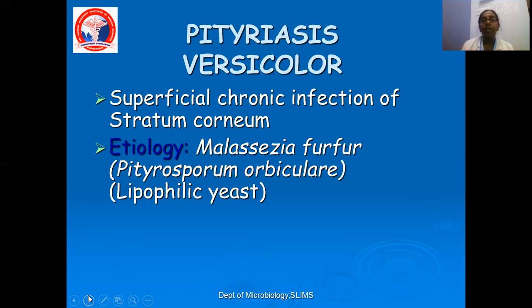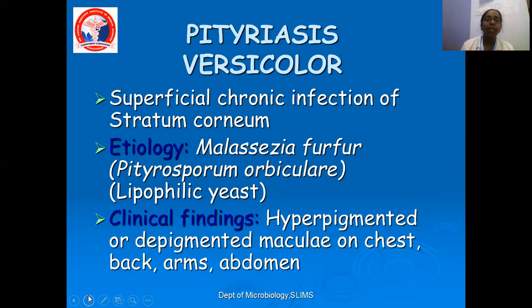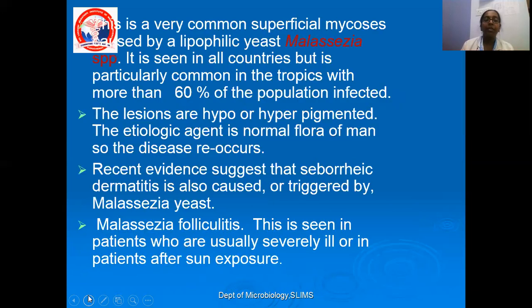The keratinophilic layers are infected by dermatophytes, whereas infections limited to the stratum corneum are caused by other organisms, which include pityriasis versicolor, commonly caused by Malassezia furfur. It's a lipophilic yeast. It causes hyperpigmented or depigmented macules on the chest, back, and arms. It's a common fungus and affects almost 60% of the population.